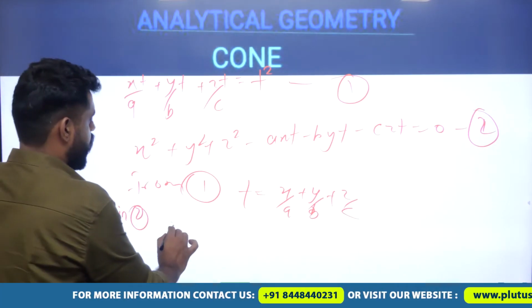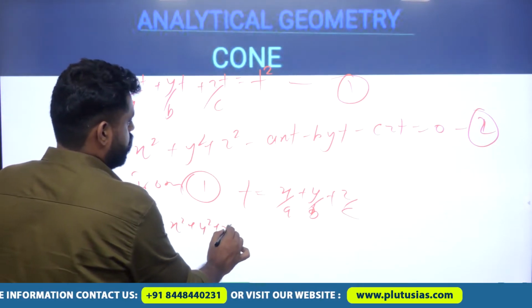we get x square plus y square plus z square.